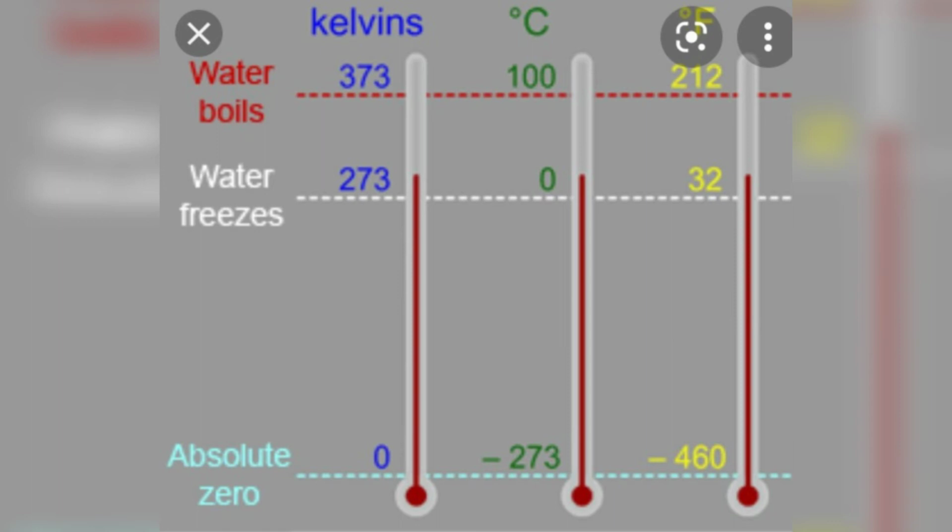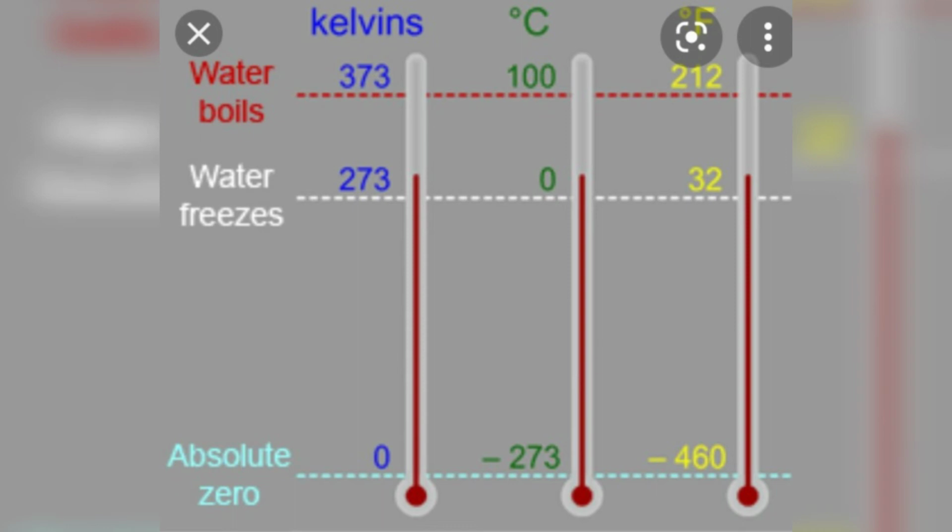Then what about the SI unit of temperature? The SI unit of temperature is another scale that was designed by Kelvin. Kelvin designed a scale to note down temperatures. In this, the lowest point is different.